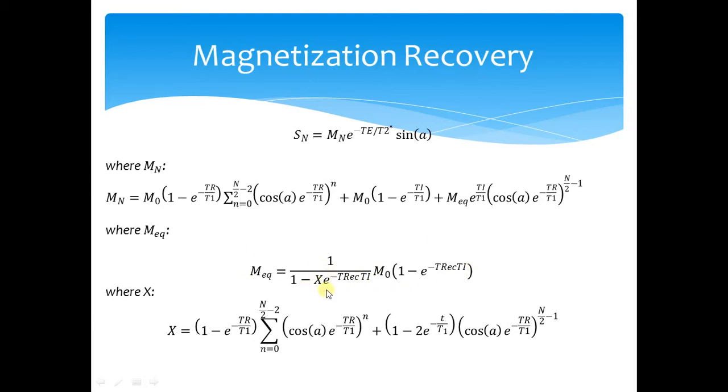In that part, X is here. As we said before, this part comes from inversion recovery, and because we are using different angles, this part comes from the usage of more than one RF pulse. There is a summation of the effects.